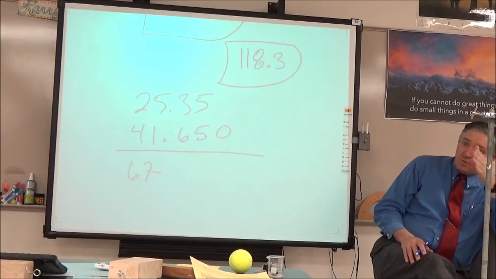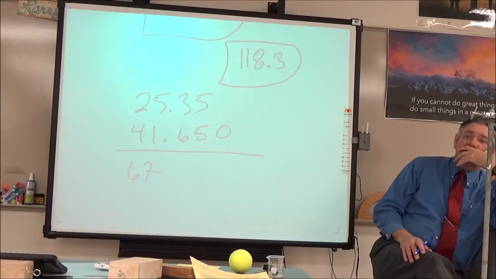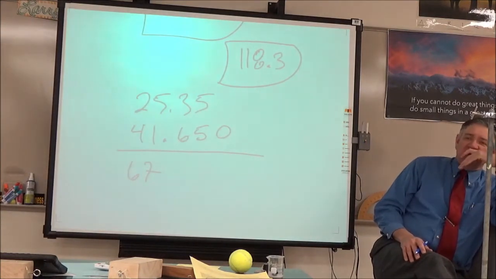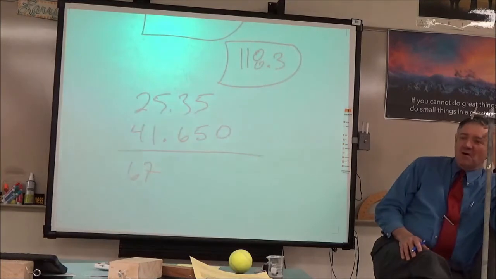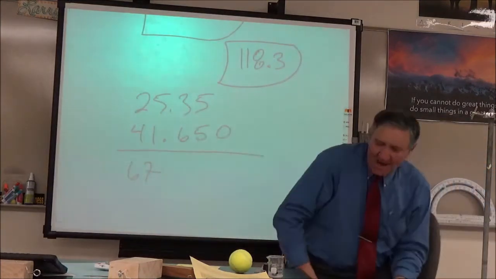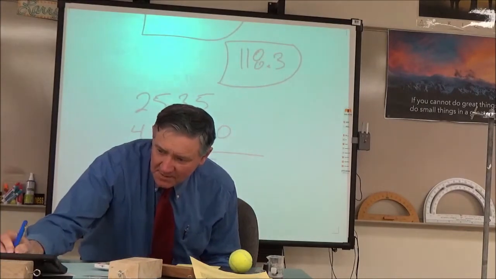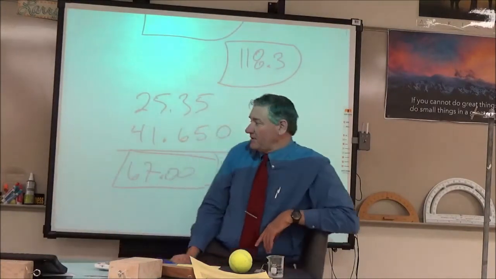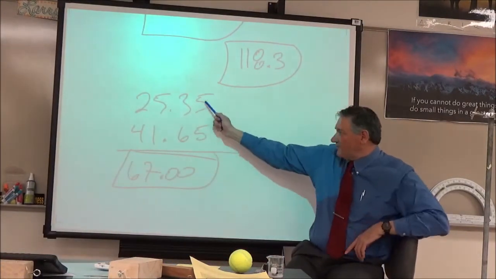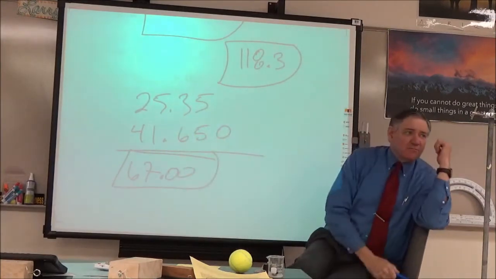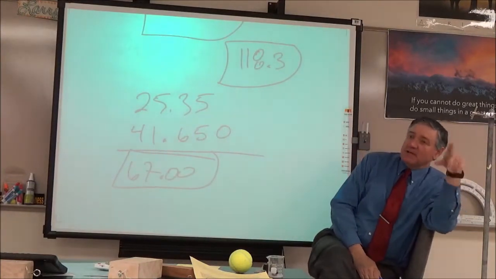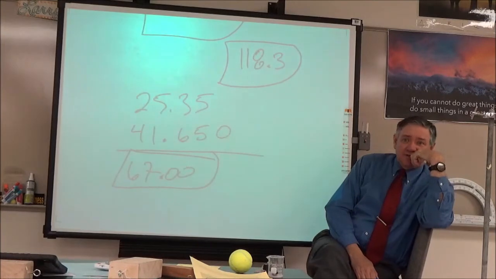So what are you going to have to do here? Jackson, what do you think I'm going to have to do? Add two zeros. Yeah. Now, I can put this as 67.00. That's my good answer, because this is going to convey the precision of that measuring device. So sometimes you're going to have to add zeros on the end.